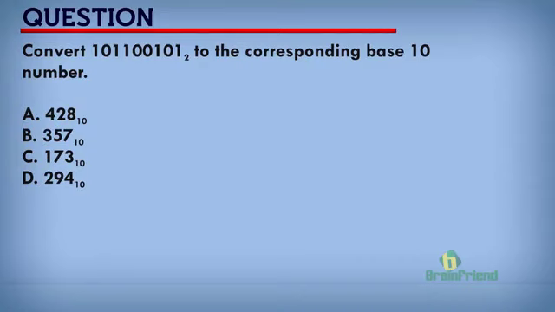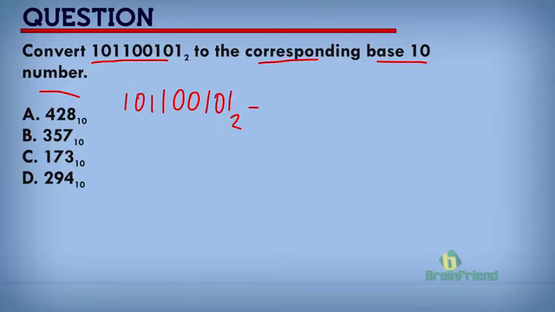Next, we'll try the second question. Convert 1011000101 base 2 to the corresponding base 10 number. To do that, we'll also follow the first question that we just answered to rewrite our number in its expanded positional form.